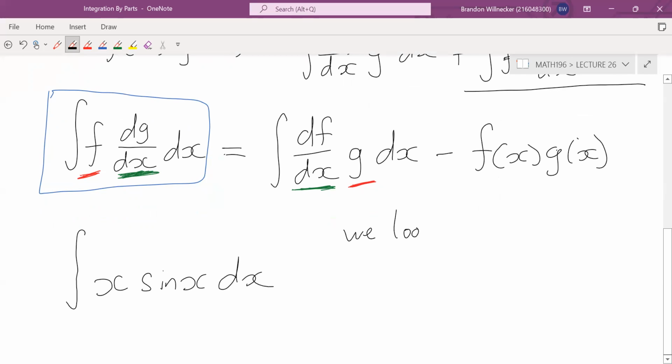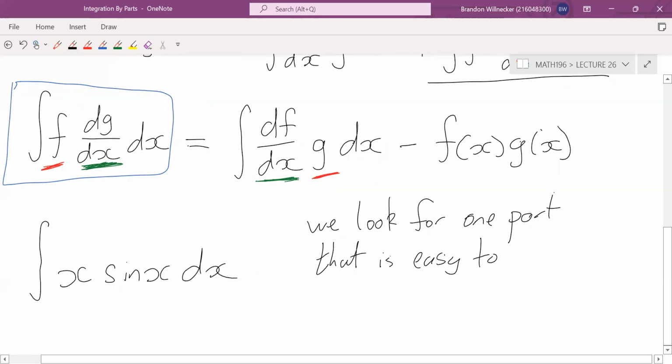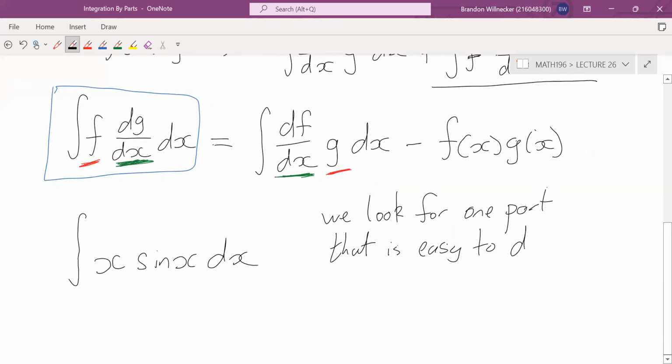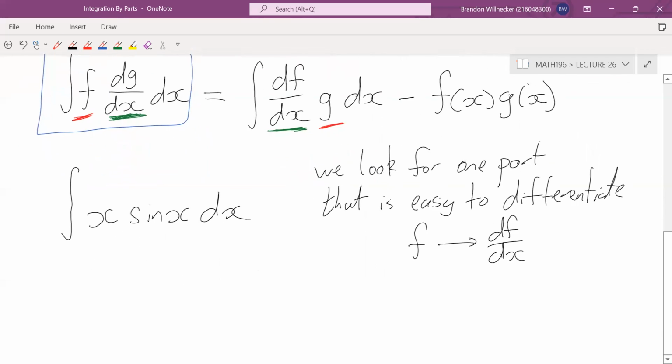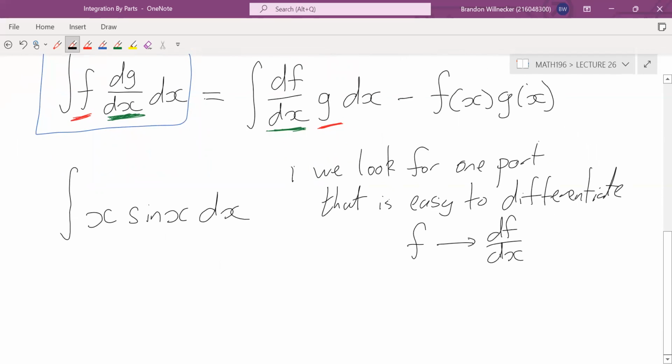So here f goes to df by dx. That's one of the parts.